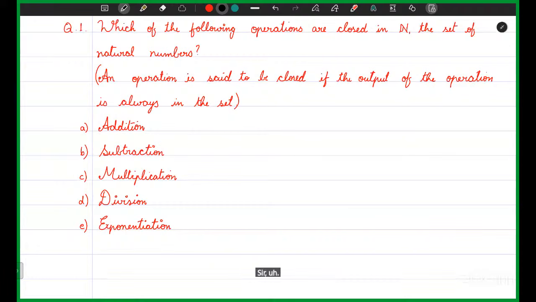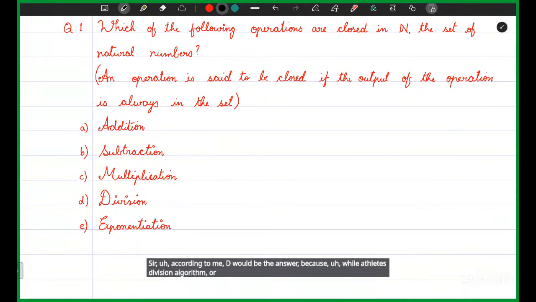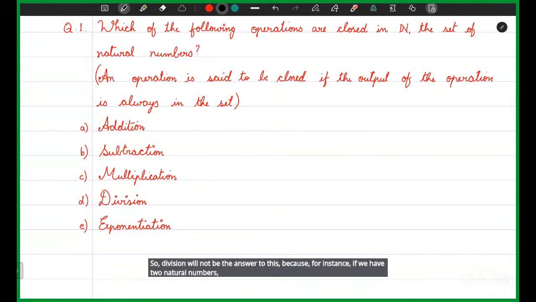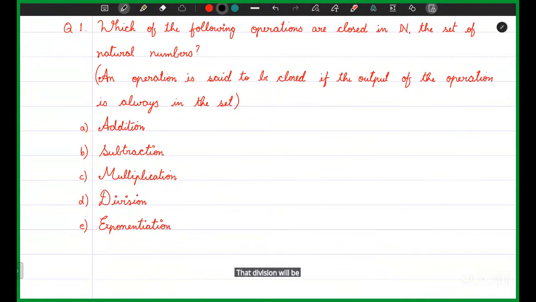According to me, D would be the answer, because in Euclid's division lemma the denominator is not equal to 0. Division will not be closed, because if we have two natural numbers, 2 and 3, the division 2 by 3 does not result in a natural number.